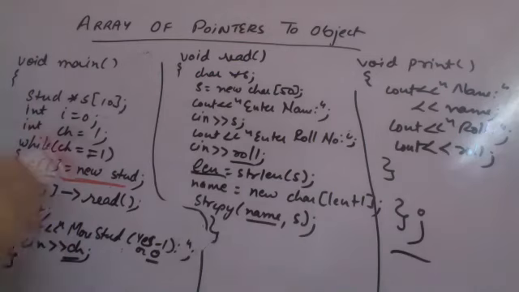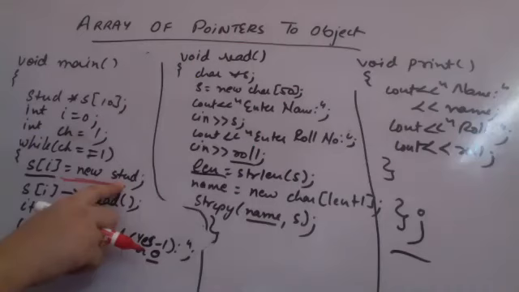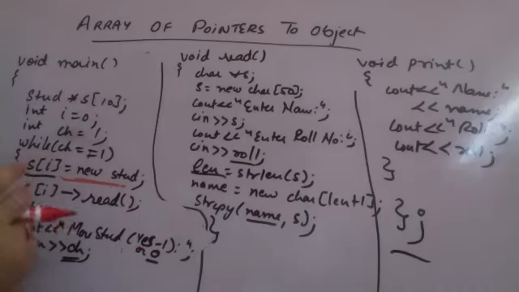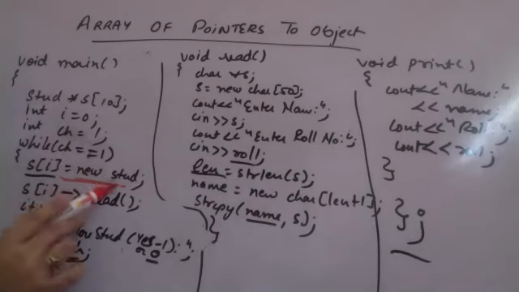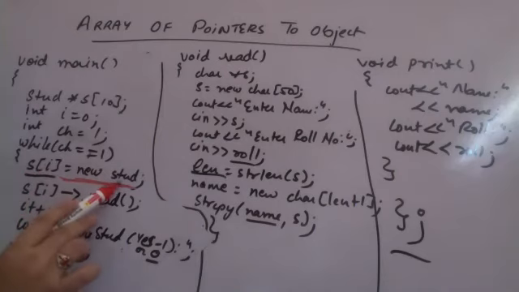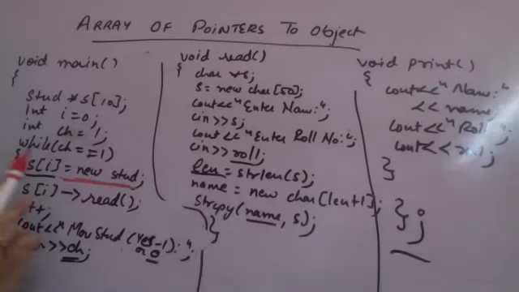Till the user is saying yes, at runtime dynamically the space is getting created. और उस space को जो runtime पे create हो रही है उसे हम use कैसे करेंगे? Using pointers. And since I have many students, I am using an array of pointers to the objects. So S of S is an array of pointers to object of class student. S of I is a single pointer to the object of class student. Is it clear to all?